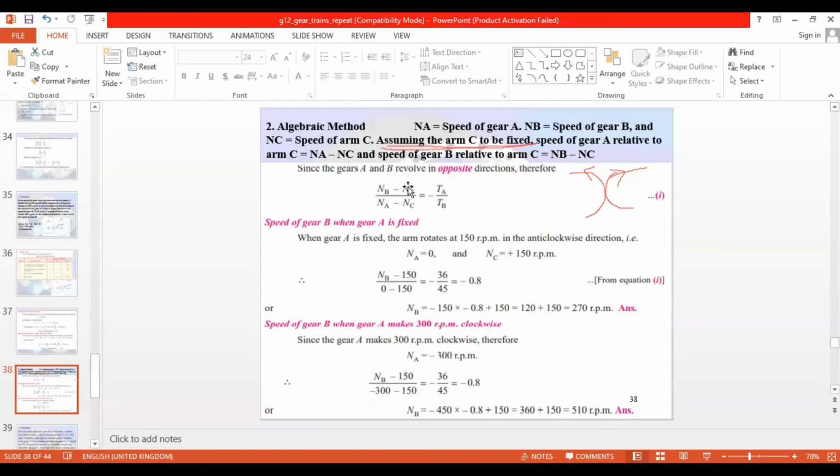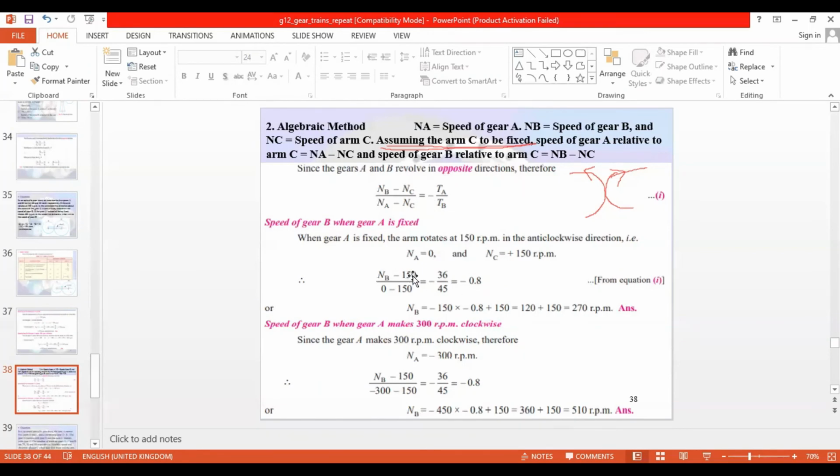NB minus 150 upon NA, which is 0 because it is fixed, minus 150, equal to minus TA upon TB, which is minus 36 upon 45. 36 by 45 is equal to 0.8, so NB minus 150 is equal to 150 into 0.8, as the minus will be cancelled. 150 into 0.8 is 120.